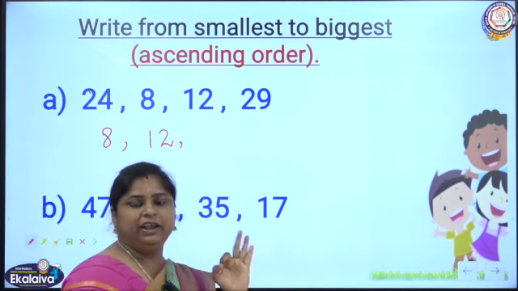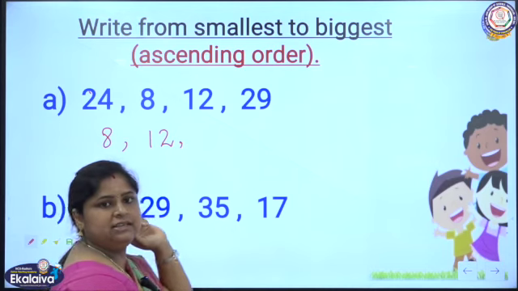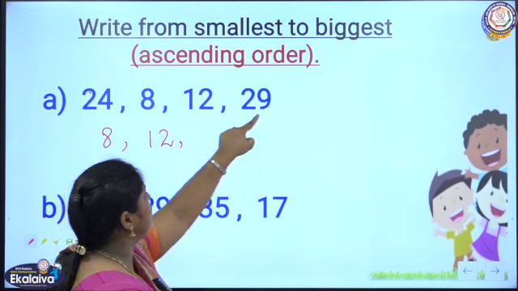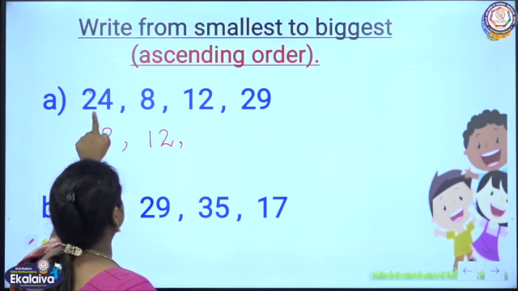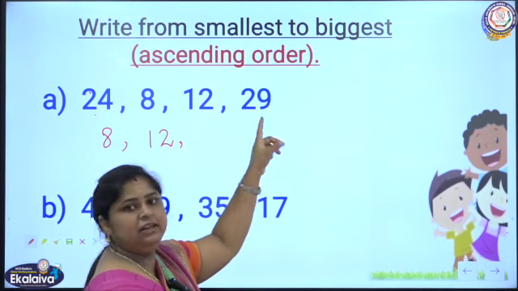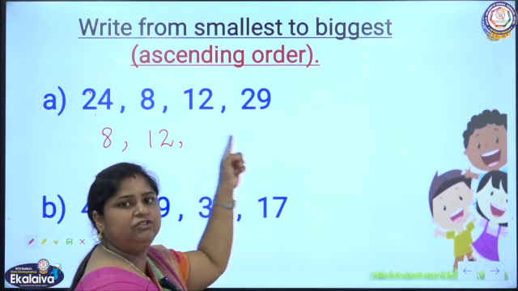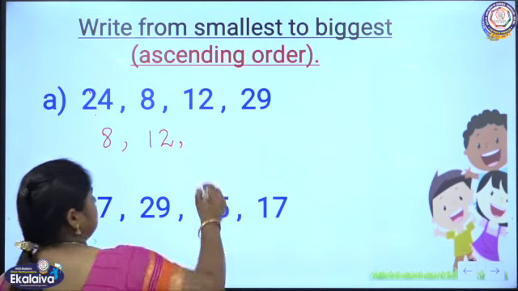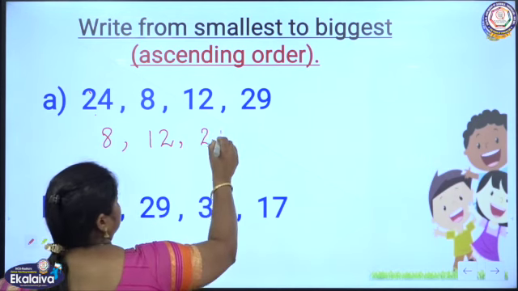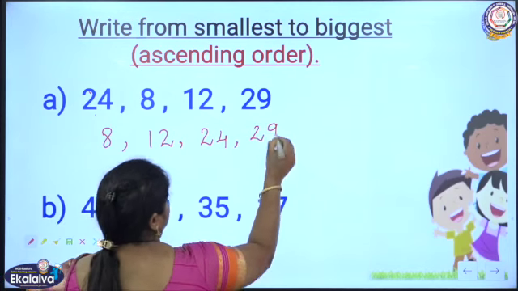My third trick is I am going to check the ones value of these two numbers. Here we have 24, the ones value is 4. Here we have 29, the ones value is 9. So which is smaller, 24 or 29? 24. So 24 will come here and at the last 29.